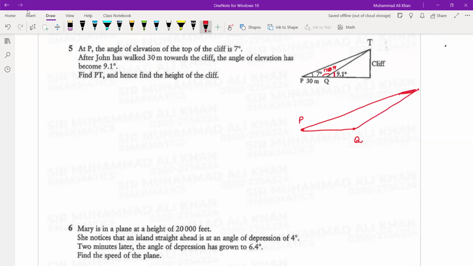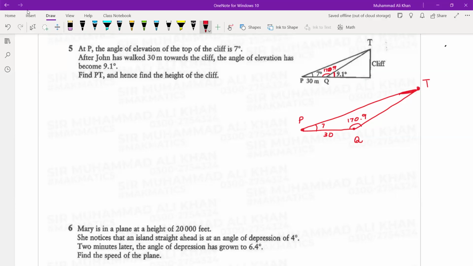Now, let's say the triangle is this with P here. Now, what is this angle? This angle is 170.9. This side is 30. This angle is 7. Any confusion in this triangle? मैंने ये triangle break करके यहाँ बना दिया.